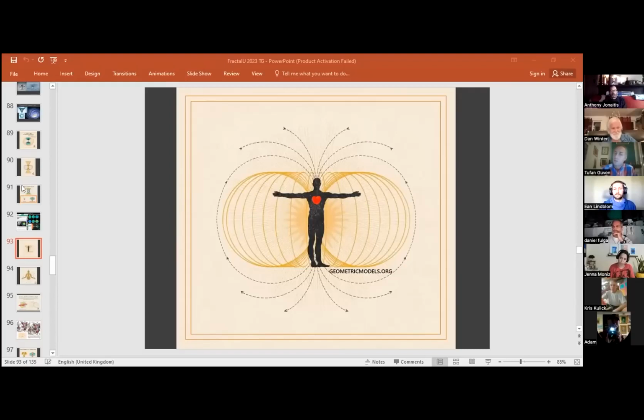And the model further proposes, and this is very important, that the healing information originates from a higher dimensional source and is transformed into biologically usable electromagnetic energy as it propagates through the layers of the biofields, through the twistor.